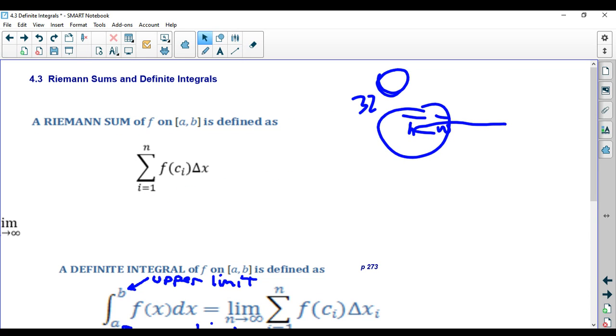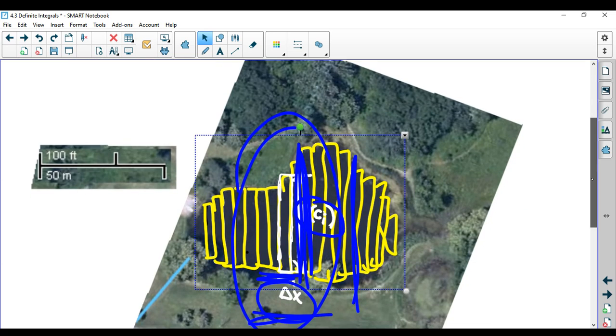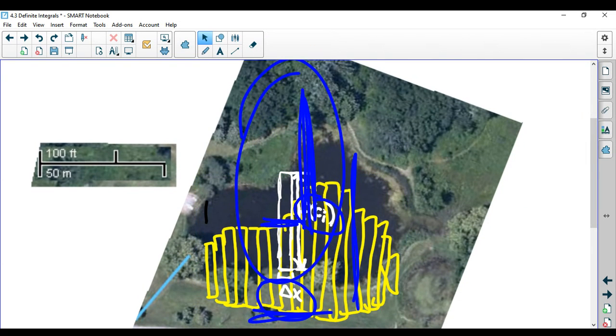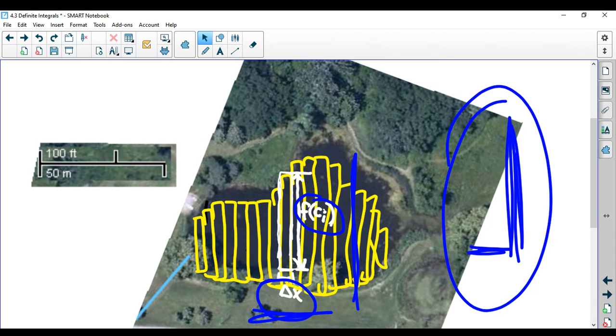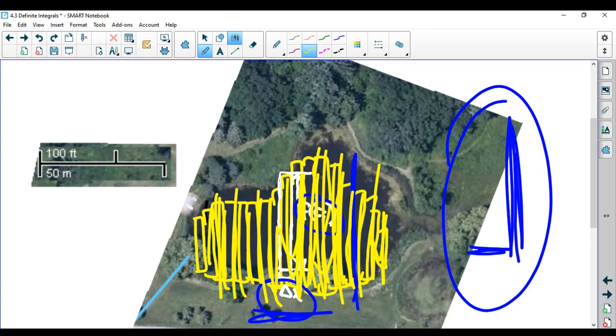But if you had an infinite number of rectangles, their actual widths would go to 0, and they would exactly get the area of this pond. So this is the whole idea behind a definite integral.